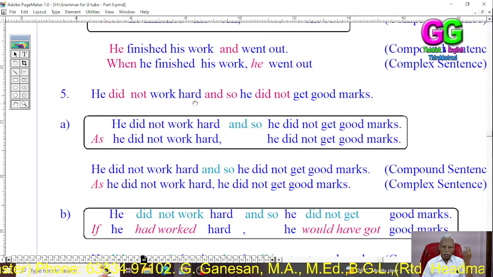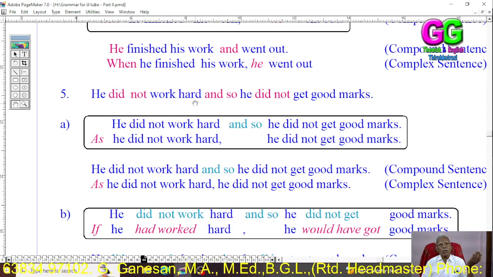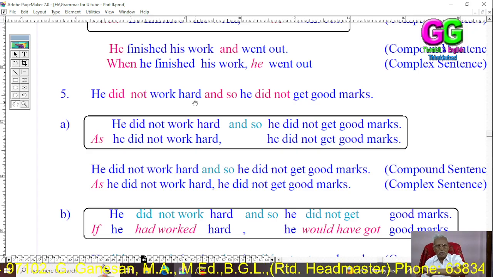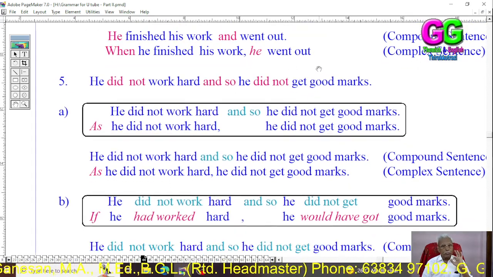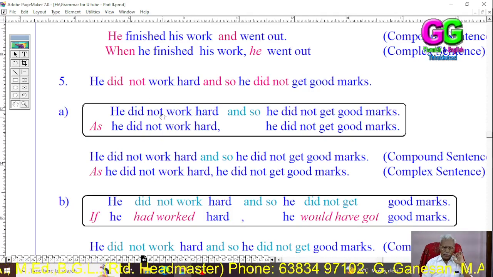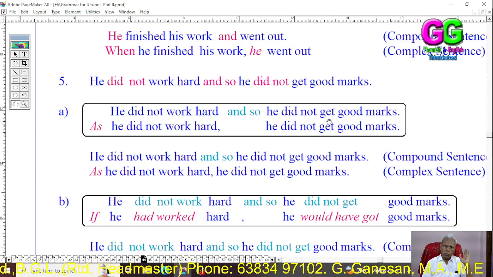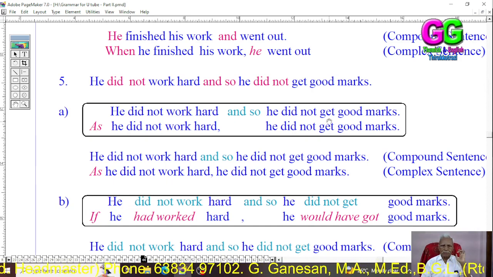He did not work hard and so he did not get good marks. So I have converted it into a complex sentence in two ways. See, one is I have taken both clauses: he did not work, he did not get good marks. It is the reason.